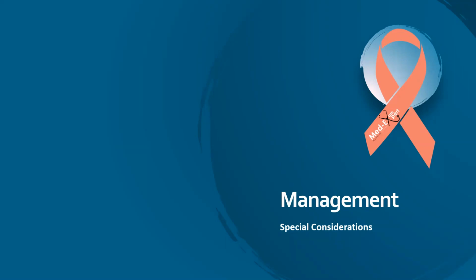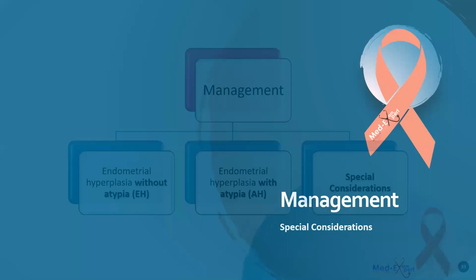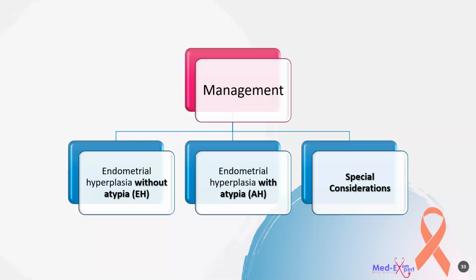You're welcome. So now let's talk about the management. We are going to divide this part into three categories. The first one is how to deal with endometrial hyperplasia without atypia, and we will take the abbreviation EH for endometrial hyperplasia without atypia; then endometrial hyperplasia with atypia, or AH, atypical hyperplasia; and the third point will be some special considerations, some associated conditions, and how to deal with them.